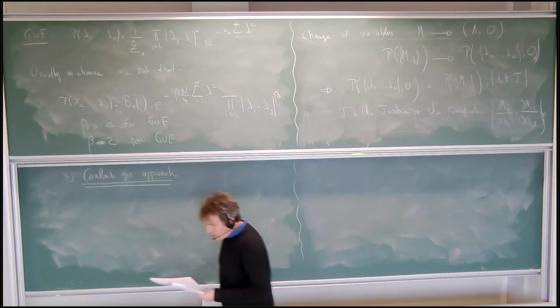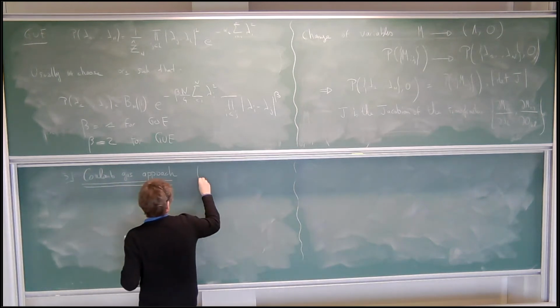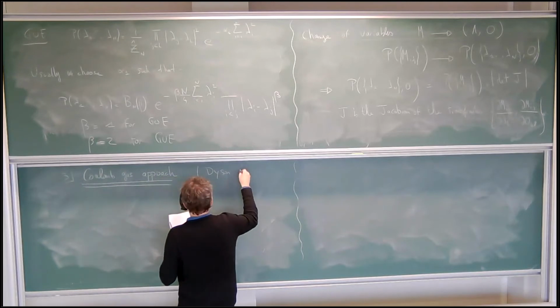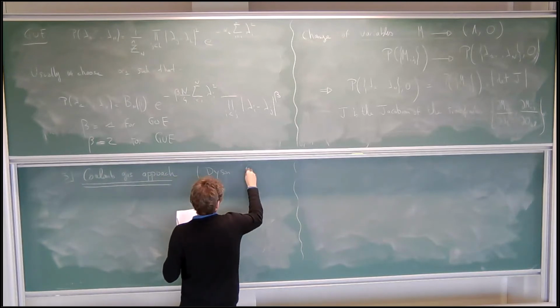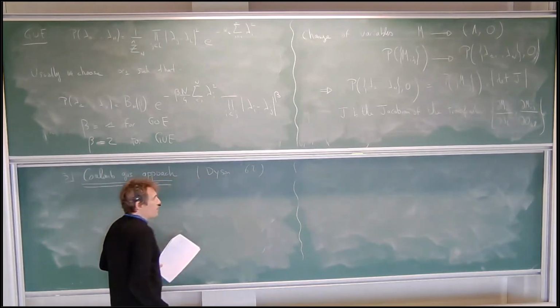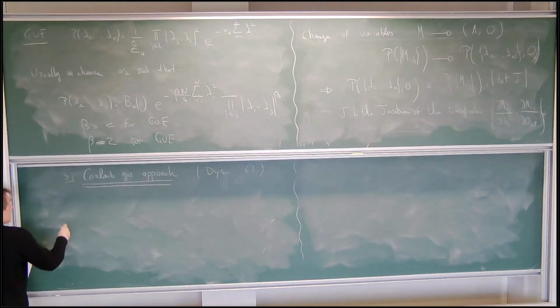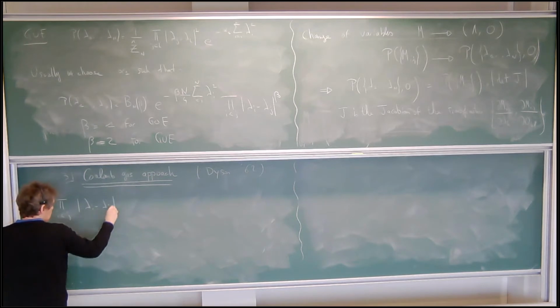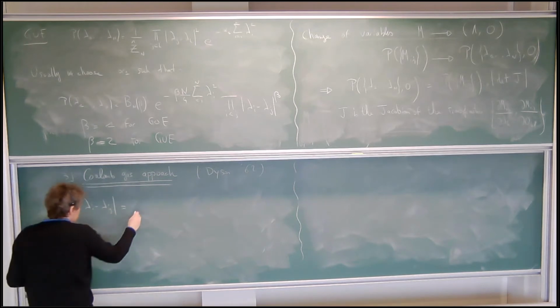Okay, so the trick. Again, this is due to Freeman Dyson, 62. He has actually a set of several papers on that, and the trick is just to write these things like that, and you will also immediately see why I wrote this beta. I can just write it this way.